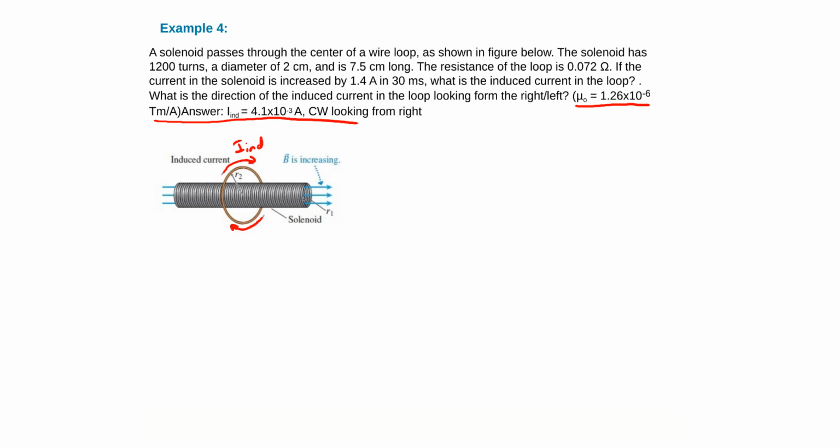The question says that we have a solenoid here that passes a current, and there is a magnetic field through the solenoid. From the right hand rule 2, I can find the direction of current in the solenoid. Let me use blue for that.